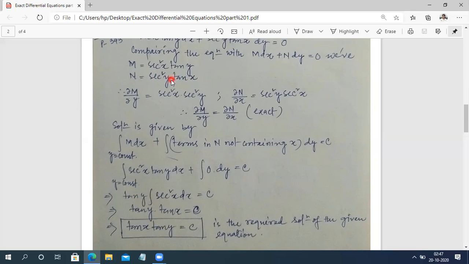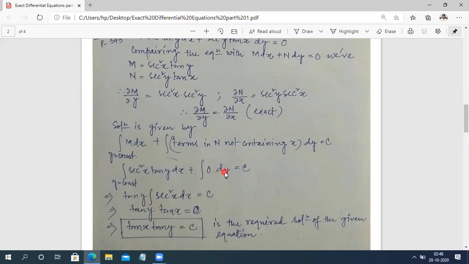If it was given as sec square y plus tan x, then we could have such terms in N. But there is only one term in N, and that term contains x, here it is tan x. So there is no term which satisfies this condition. So 0 into dy, okay?